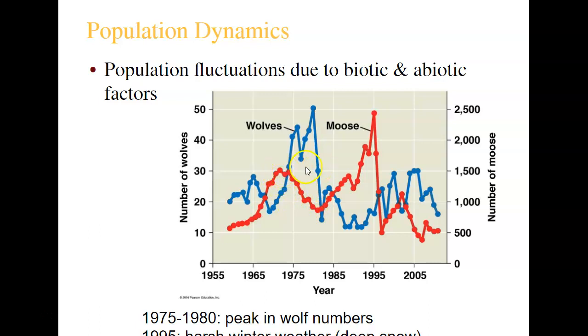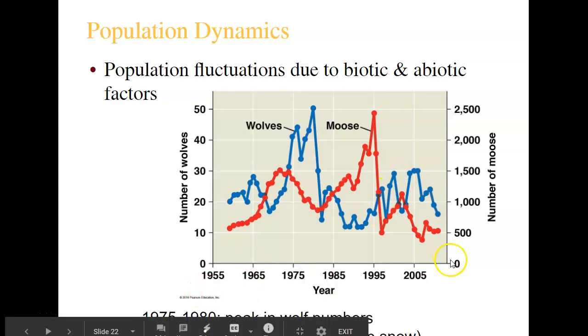They're offset a little bit, the peaks are. So whenever the prey peaks, the predator will peak right after because more food is readily available. And that will cause a dip in the prey, which will then cause a dip in the predator. And then that prey can go back up again, and then the predator will go back up as a result. So it's kind of like two offset curves.